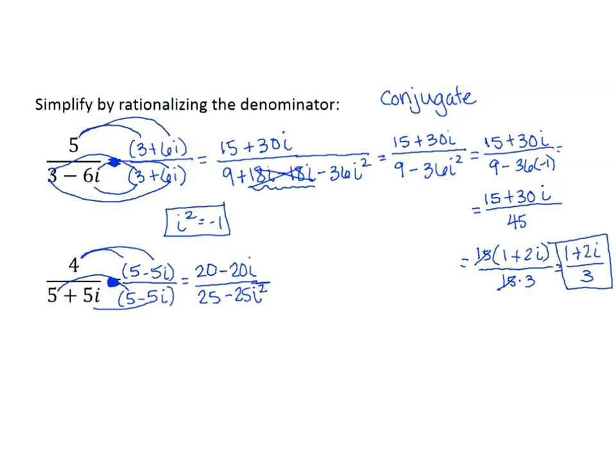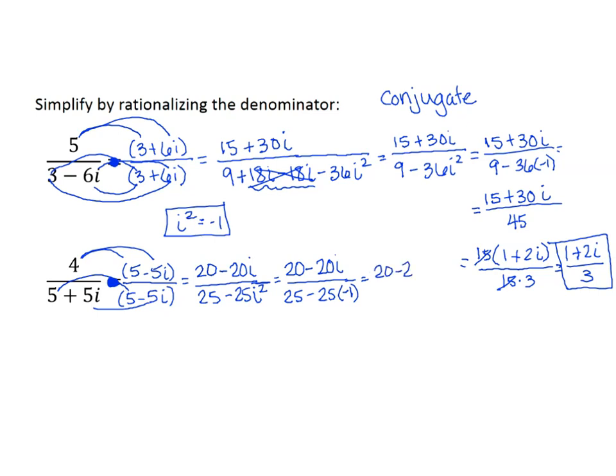Now I know that i squared is equal to negative 1. So on top I have still 20 minus 20i. On the bottom, I'm going to have 25 minus 25 times negative 1, which is 25 minus a negative 25, actually let me write that part out.